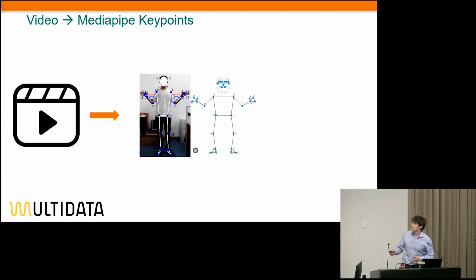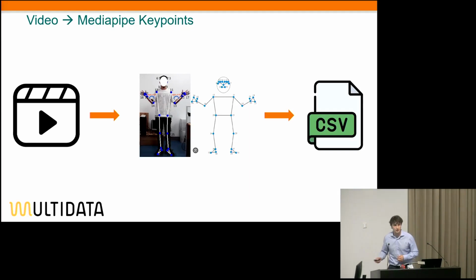We take them and put them in a CSV file. That is a bit different to what OpenPose does, because we now get just the time in one column, then the confidence, how confident MediaPipe is that this key point is actually where it thinks it is, and then 3 columns for the Z, Y, and X axes.